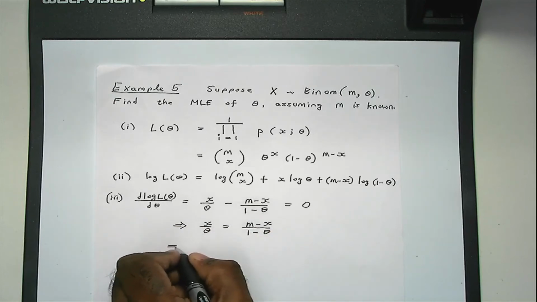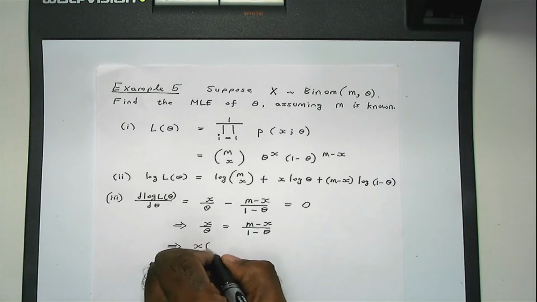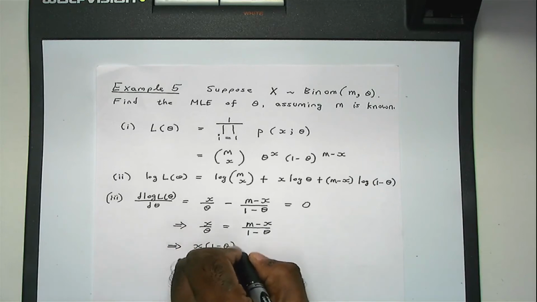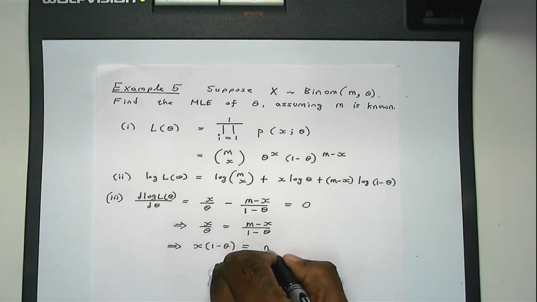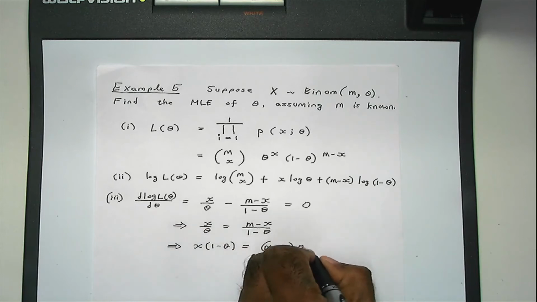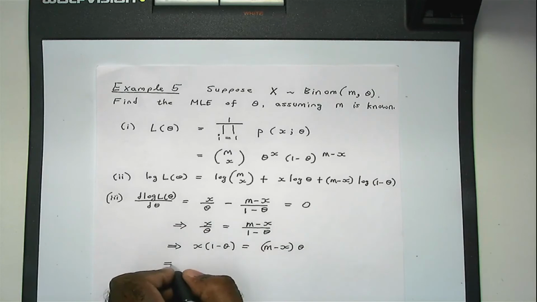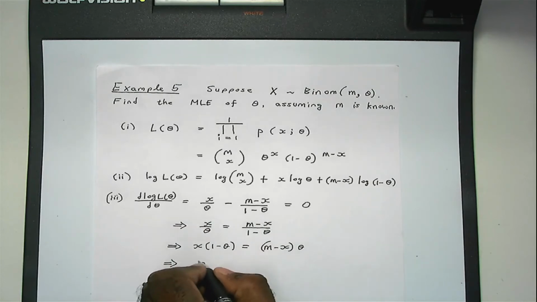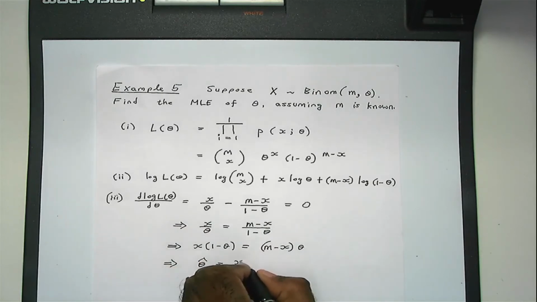This is the same as x times this equal to this. And solving this for theta, you get theta hat equal to x by m.